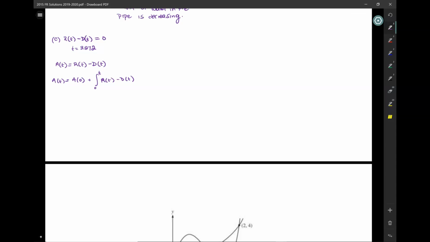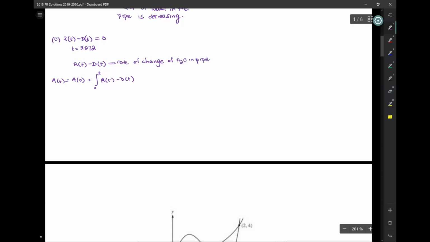Maybe I should do it this way. R of t minus D of t is the rate at which water in the pipe is changing, right? So this is the rate of change of the amount of water in the pipe.